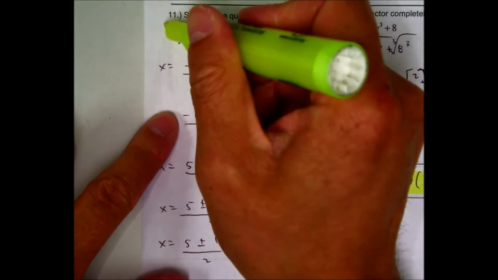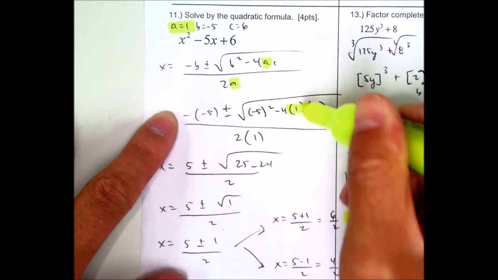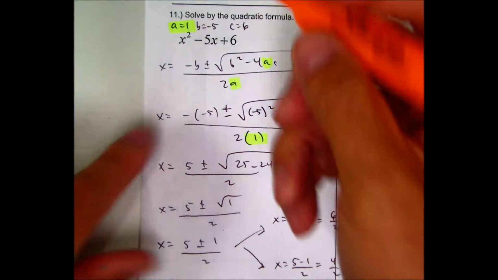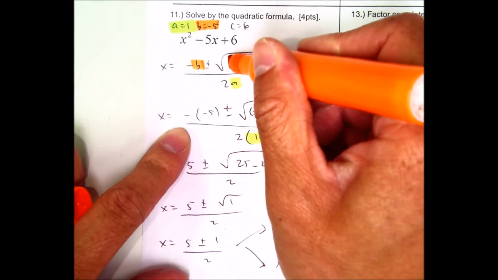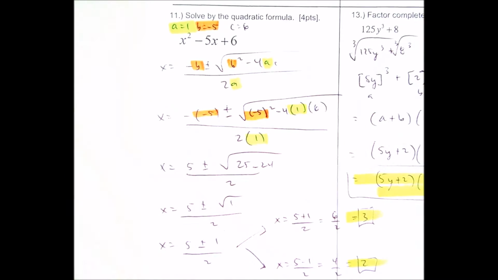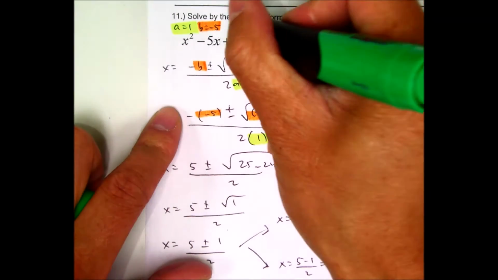For every a value, you'll put here and there, so that is 1 and that is 1. For every b value, that is negative 5, so b value goes here and there, so negative 5, negative 5. Your c value is 6.